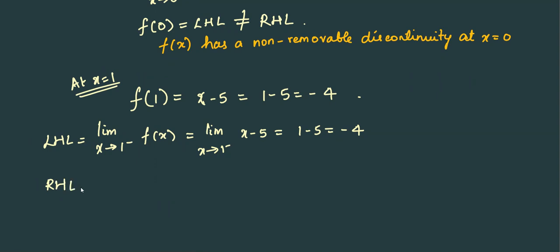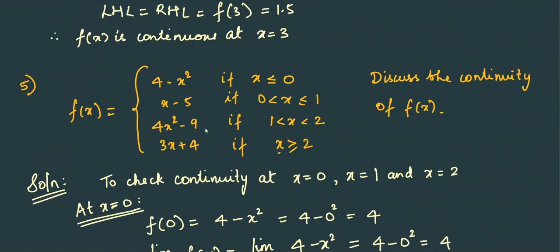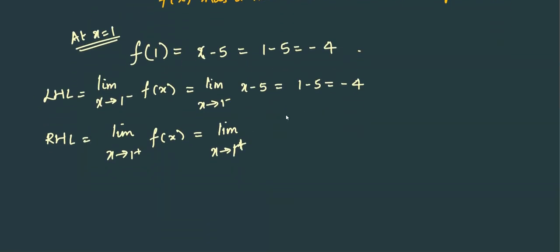Now let us look at the right hand limit. Limit x tends to 1 plus f of x. Then it is 4x square minus 9. So this is 4 into 1 square minus 9, 4 minus 9 equal to minus 5.